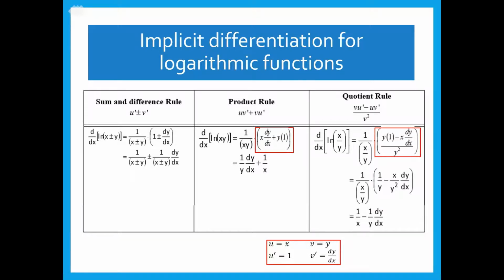Differentiate ln xy using product rule. The answer is 1 over y dy over dx plus 1 over x. Differentiate ln x over y using quotient rule. The answer is 1 over x minus 1 over y dy over dx.